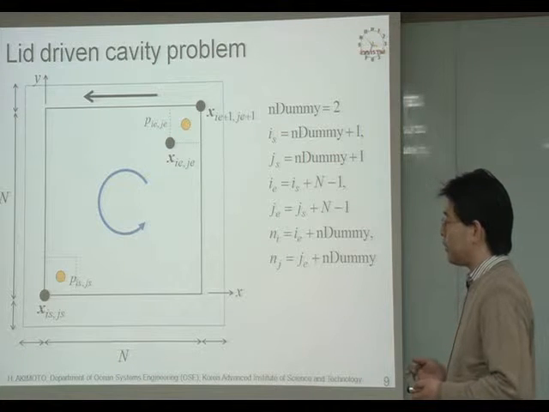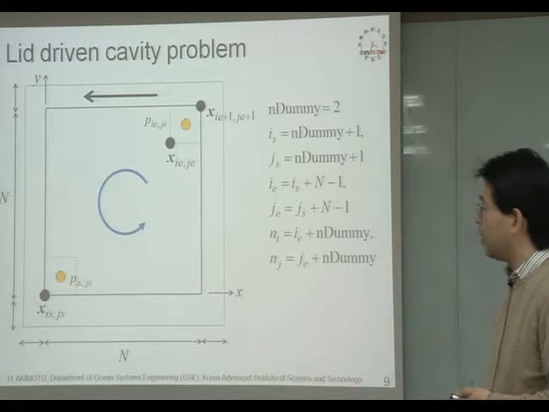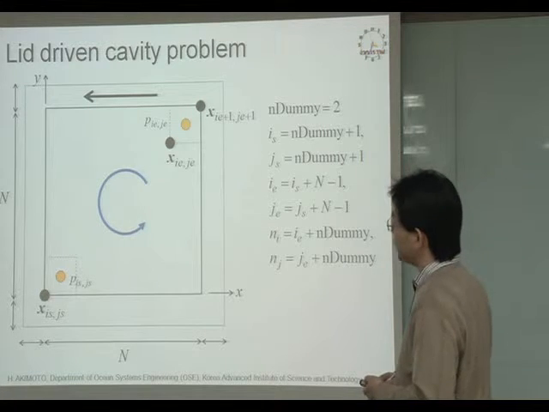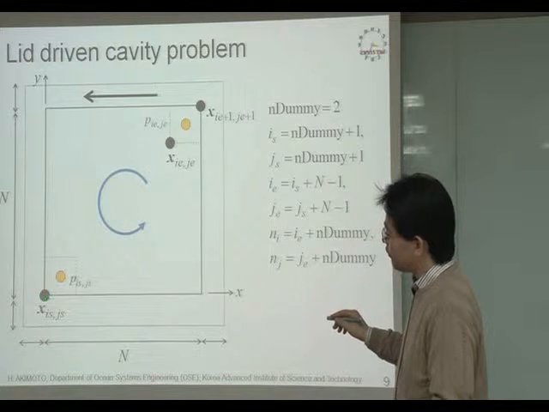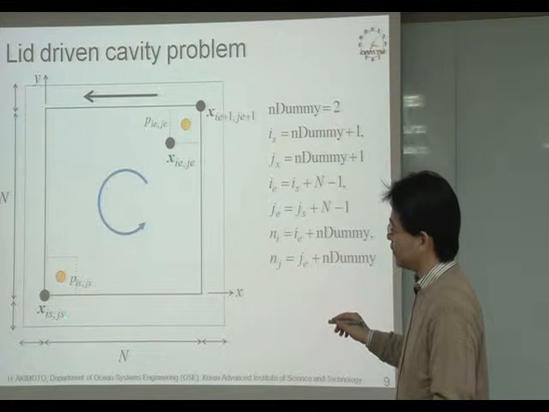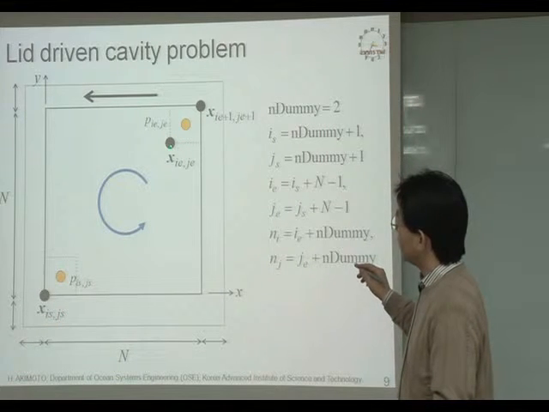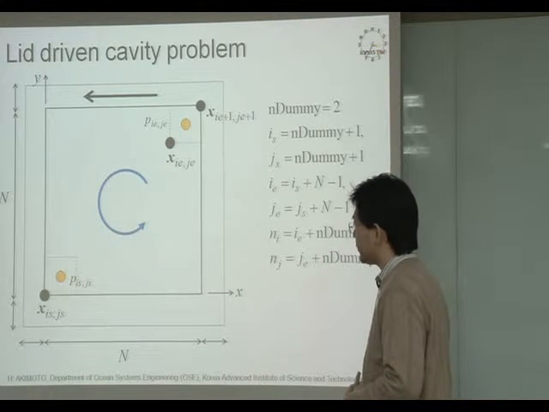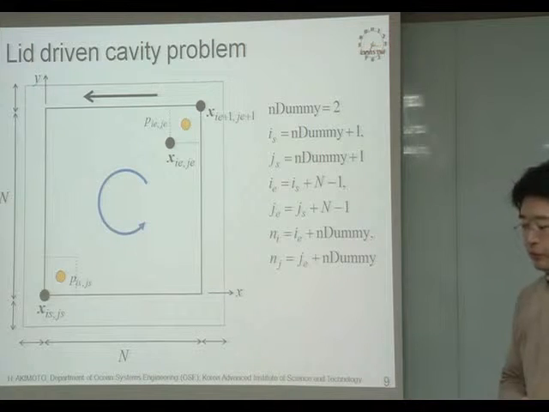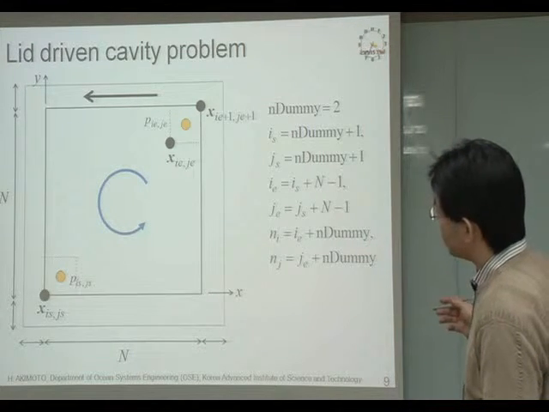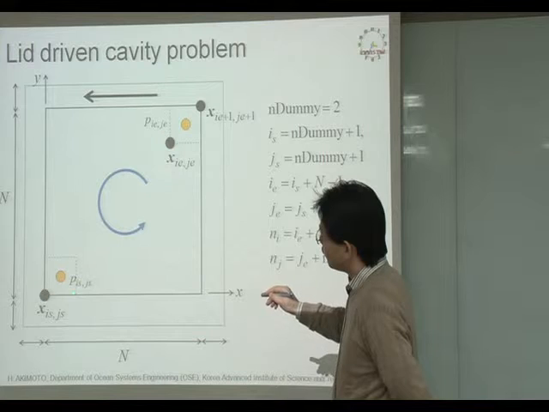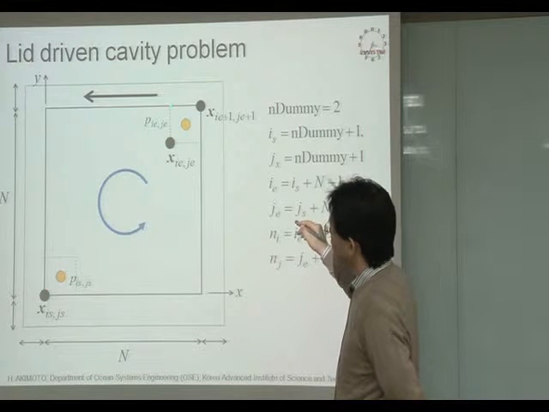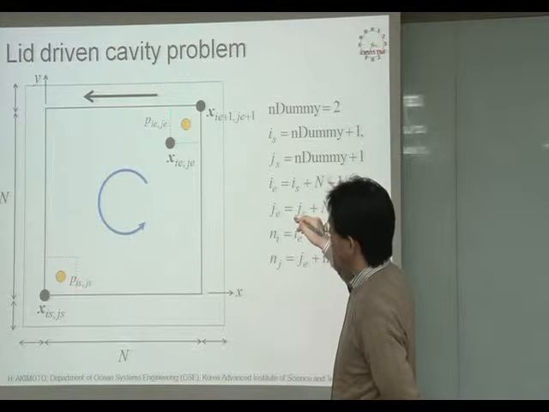For easy implementation of the program, you should use symbolic expressions of points. In this case, the index of this point is IS and JS, and this point is IE and JE. So the indexing is based on counting of control volumes. The first control volume is here, and the last primary control volume is here.